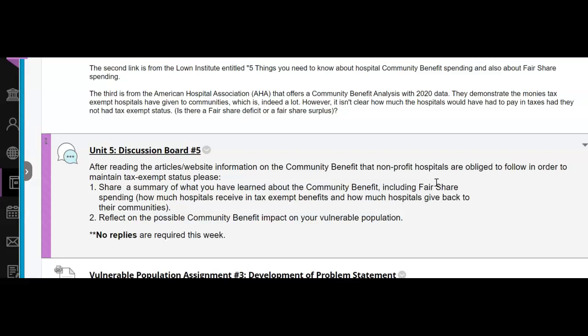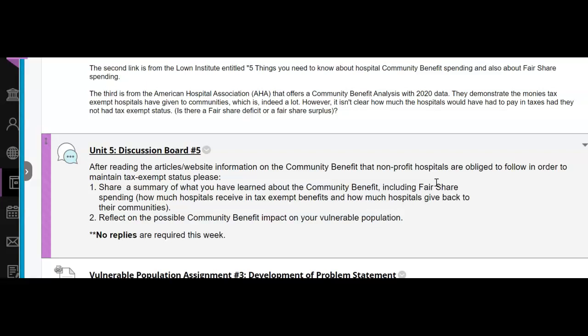But make sure your summary includes the fair share spending. In your readings, you'll better understand, but the fair share is really how much hospitals receive in their tax exempt benefit, which is a large sum of money for many large hospitals, and how much these hospitals give back to their communities.